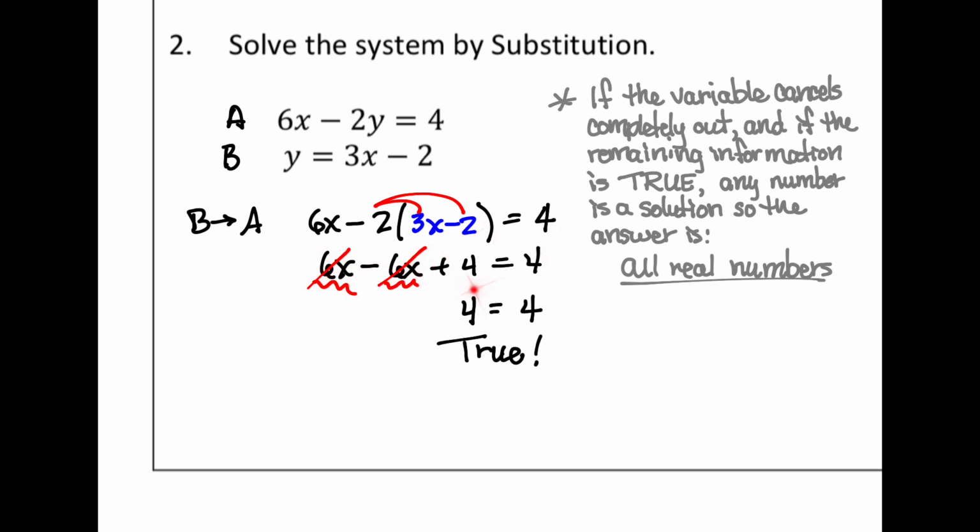And what you will be left with is going to be true. So if any number works for x, then that means I have an infinite number of x's possible, which therefore means I have an infinite number of y's as well. But they need to be specific to these lines.